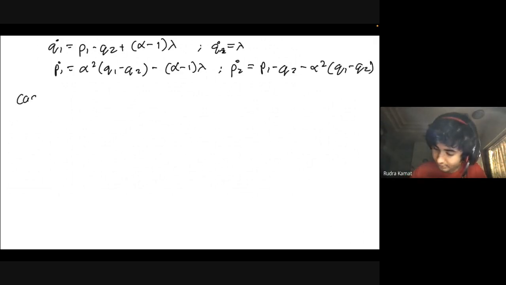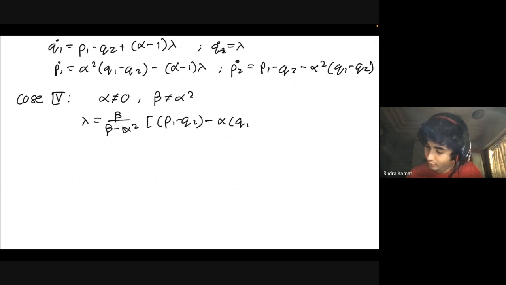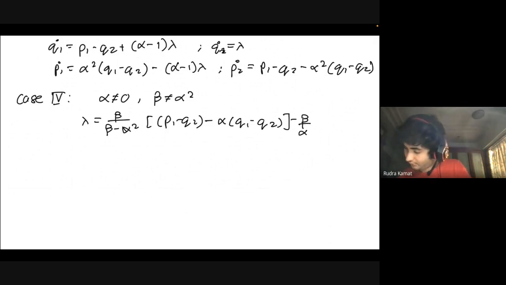And then the final case is when alpha is non-zero and beta is also not alpha squared. So lambda can be solved for as beta over (beta minus alpha squared) times (p1 minus q2 minus alpha (q1 minus q2) minus beta per alpha (q1 minus q2)).